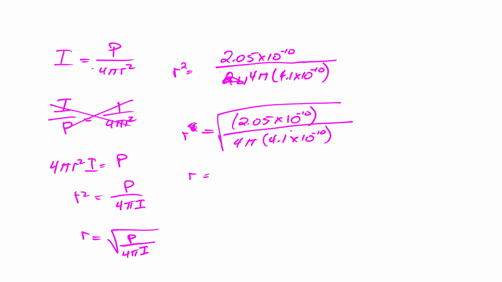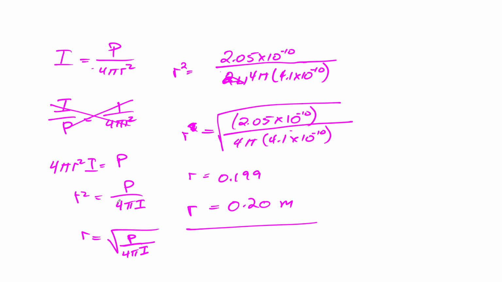Then times 4.1 raised to the negative 10th. When I do the calculation and take the square root of my answer, R is going to be 0.19947, so let's make this 0.20 meters, or the person is 20 centimeters away. So that is R. This is how you calculate that.